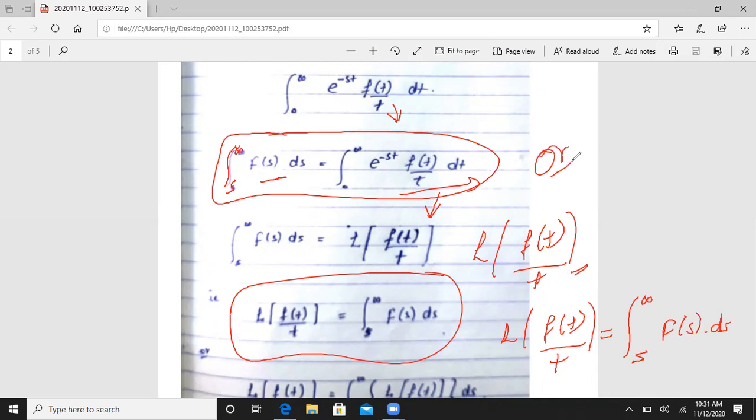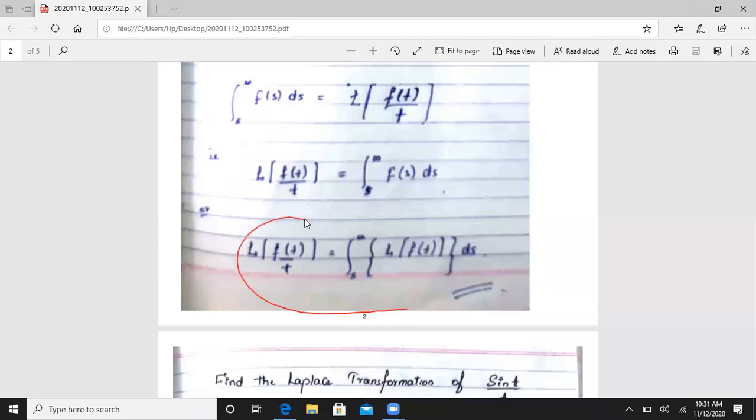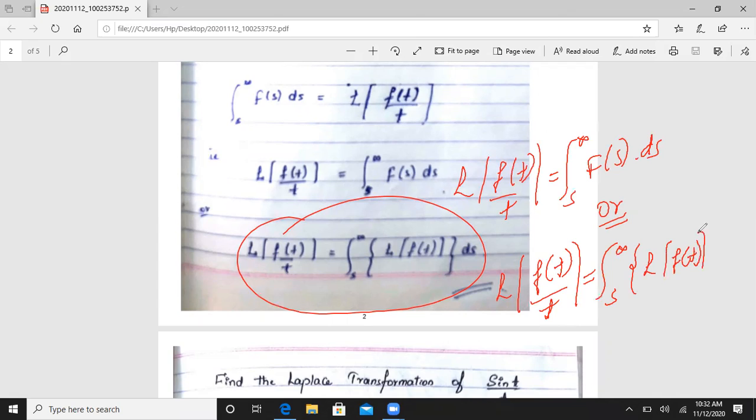Or we write here that the Laplace transformation of f of t by t is equal to integration over s to infinity of the Laplace transformation of f of t, with respect to s.